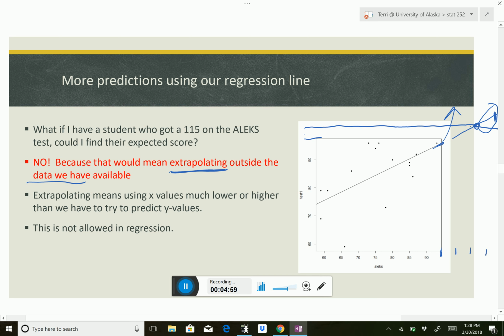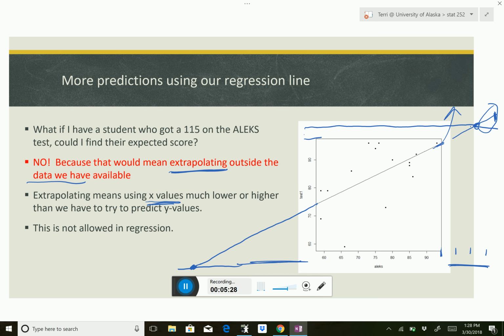But the point is you cannot extrapolate outside the source of the data. That means using x values that are much bigger or much lower. Remember I said that in this case our y-intercept doesn't really mean much, because when x is 0, we can't have 40.